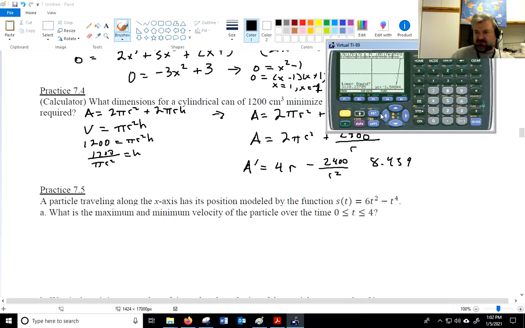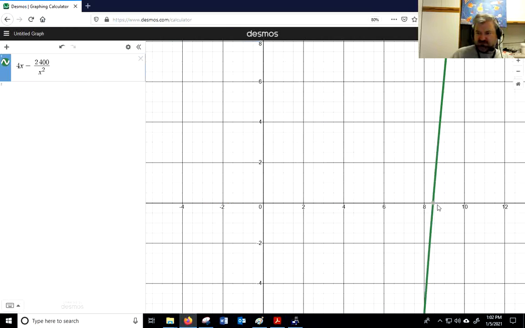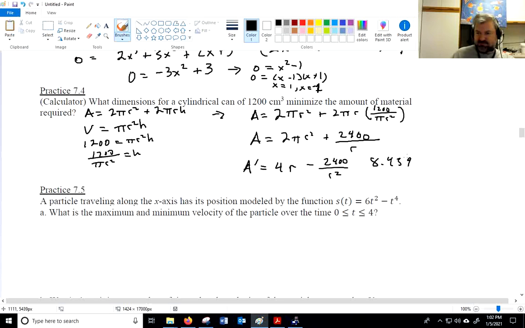So I'll just keep going to that little spot and press enter. And then we'll go over here and we'll do it again. And it tells me that's basically 0. It's within the margin of error, 8.434, which I think is what we got before. I just can't read my handwriting. There it is. 8.434.